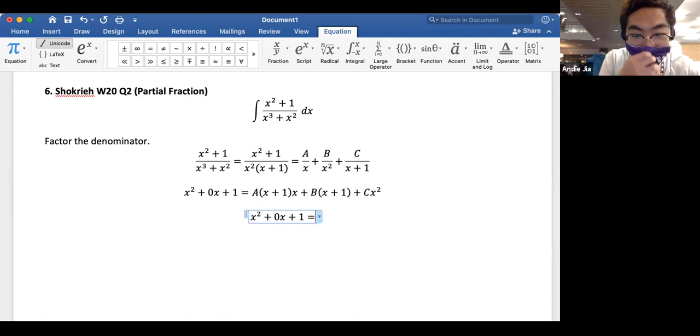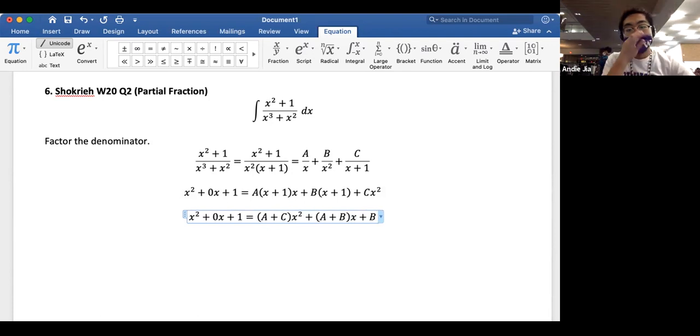For x squared, it's a plus c equals 1 this time. For x, a x plus bx, so it's a plus b, and the constant is b. So b is 1, then a is -1, then c is 1.